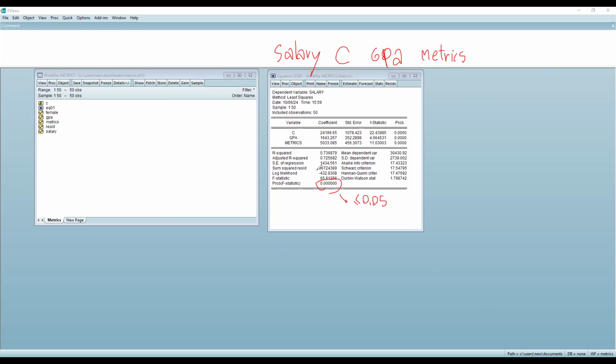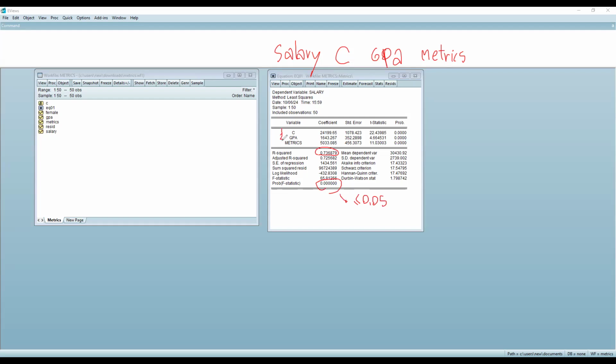How about R square? Good. Then we move to T.